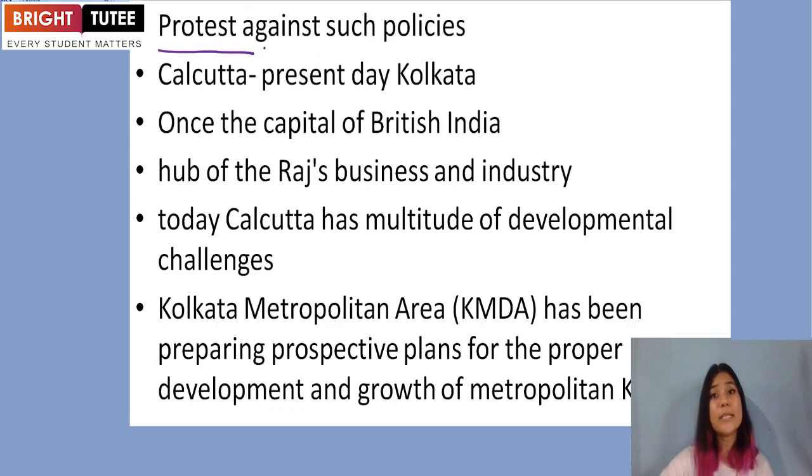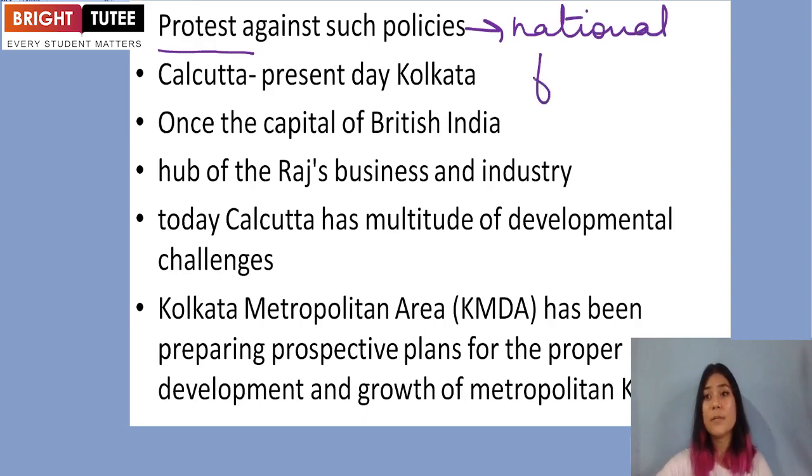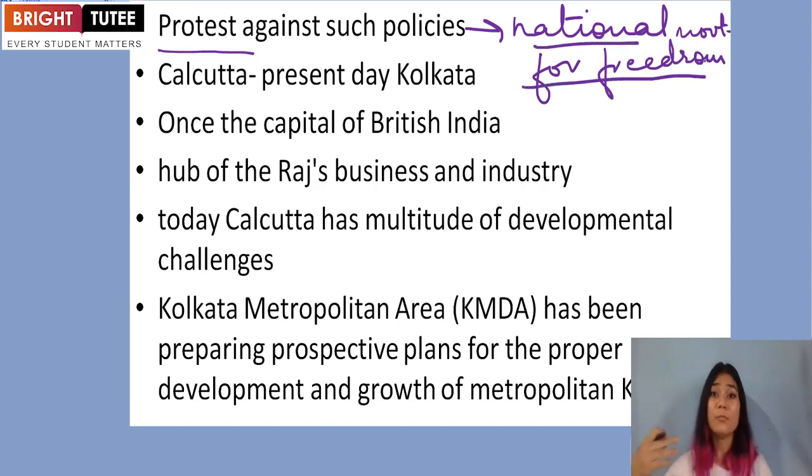Okay, the Indians did not keep quiet, and that led to the national movement for freedom, the Indian national movement. Okay, that also became one of the demands, or one of the causes, for the fight of the Indians for freedom from the clutches of British rule.